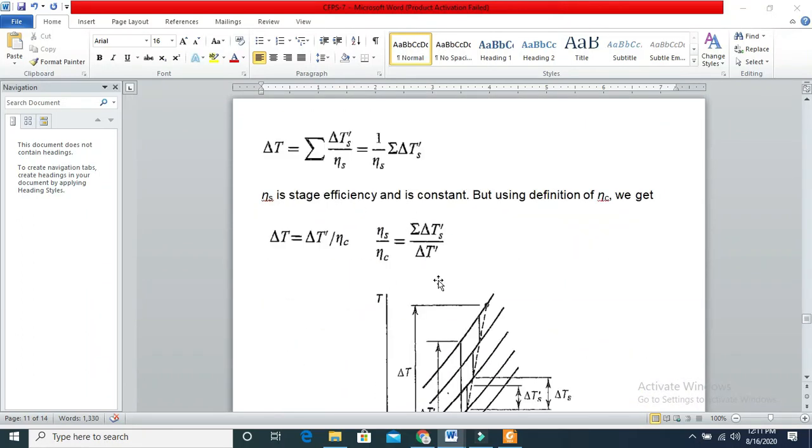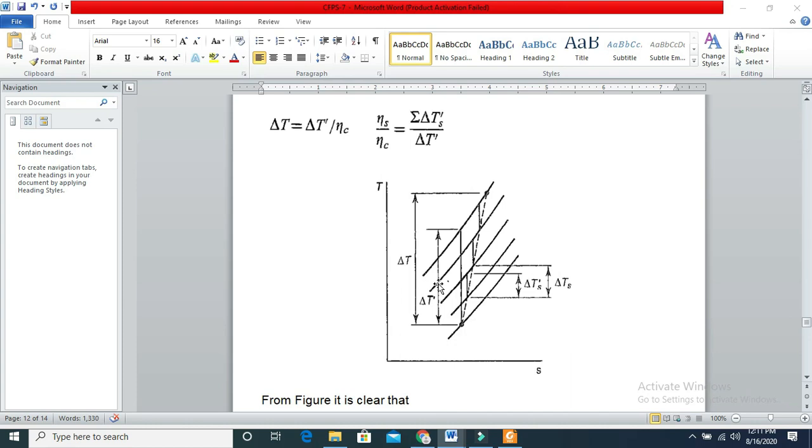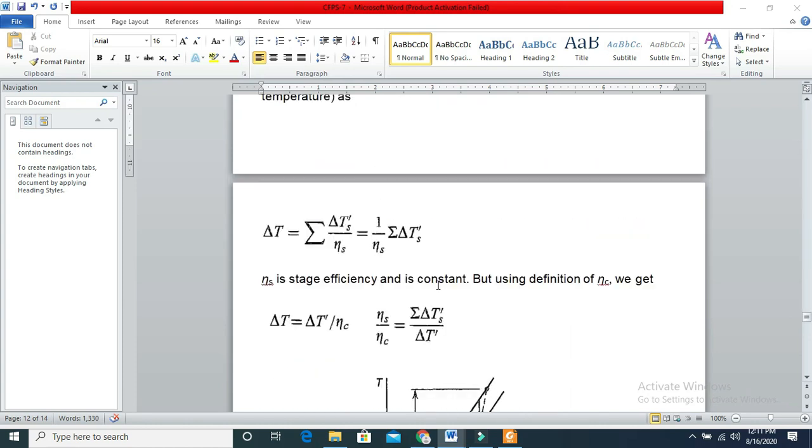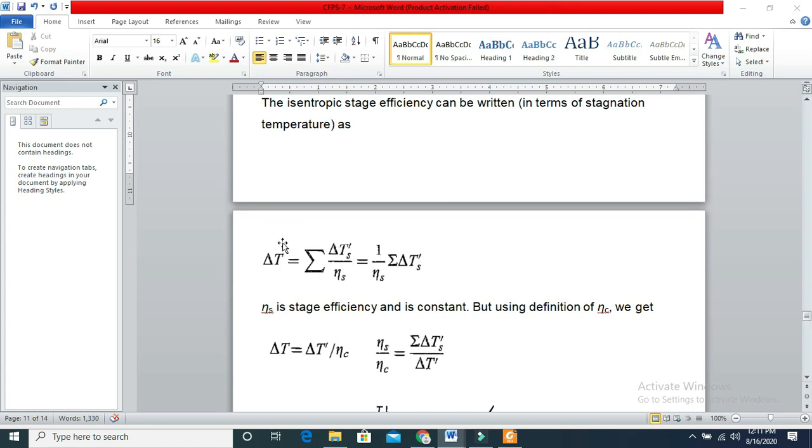So for the stage we define efficiency. This is the relation. The actual temperature rise in a turbine stage is delta Ts, and the ideal temperature rise in a stage is delta Ts dash.